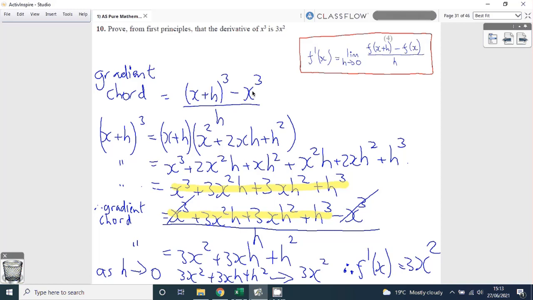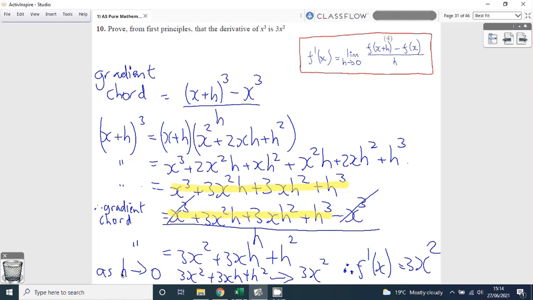Take away the x cubed all over h, and you will see that the x cubes cancel. And you will see that h is common to all of the remaining three terms in the numerator. So the gradient of the chord, each of these three in turn divided by h, gives us 3x squared plus 3xh plus h squared. Now, you've got to be very precise with your notation here.